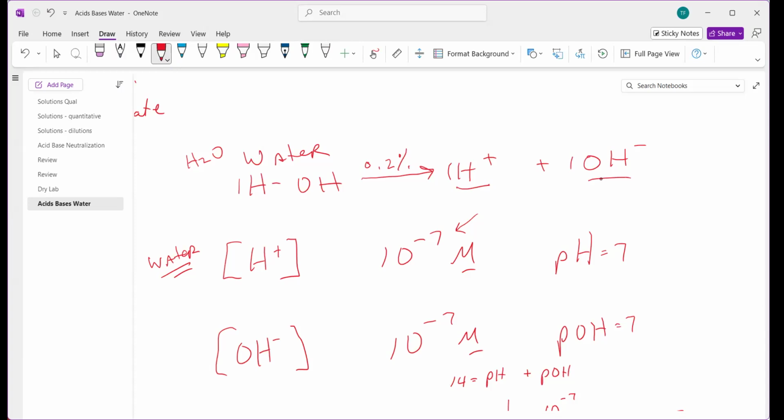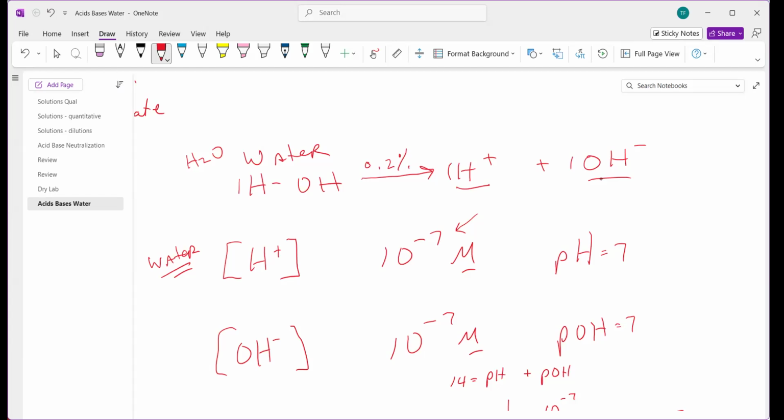Okay. If you calculate that, concentration is 10 to the minus 7. So it's an extremely weak acid and an extremely weak base. Now, the concept of pH comes into play in science and engineering a lot when you're working with really small numbers, so you don't have to do scientific notation as much.